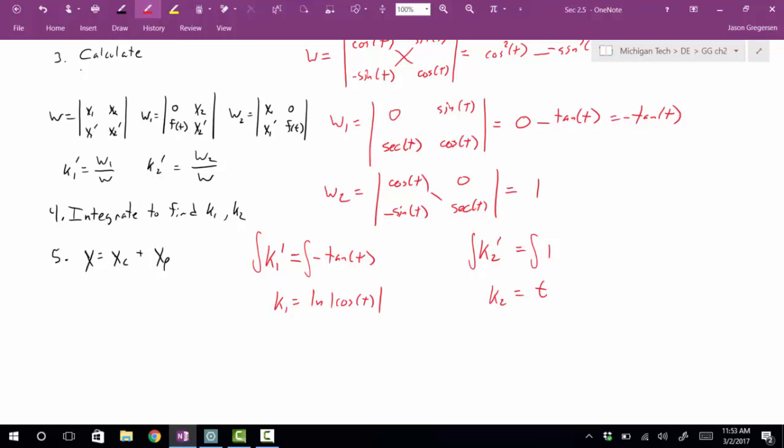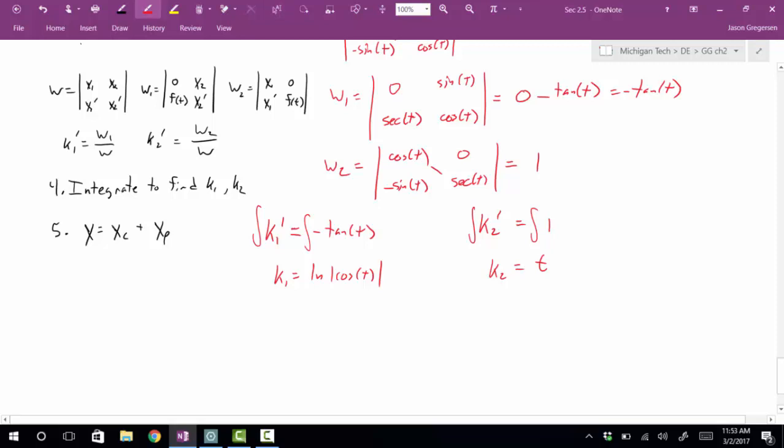Okay. Now I have K1 and K2. That tells me that x sub p is, formally, K1 times x1, plus K2 times x2. So this is the natural log of the absolute value of cosine of t times x1, which is cosine of t, plus K2, which is t, times x2, which is sine of t.